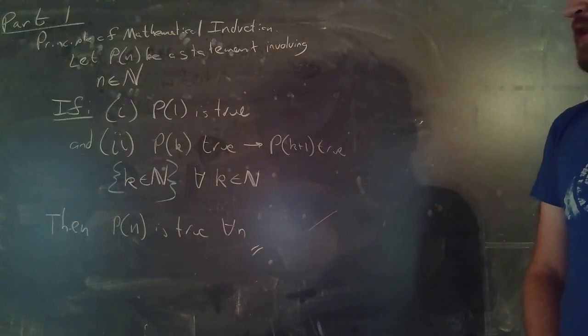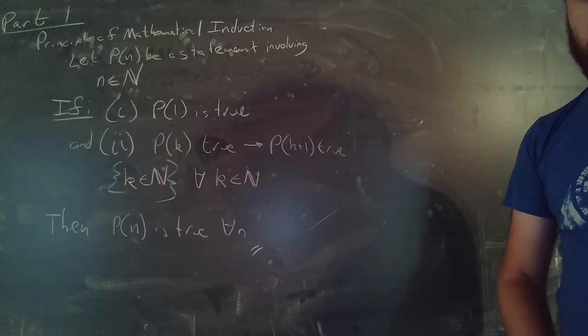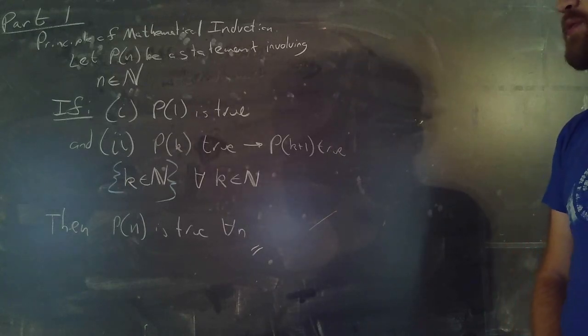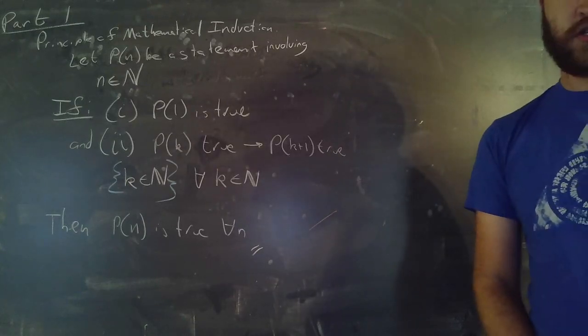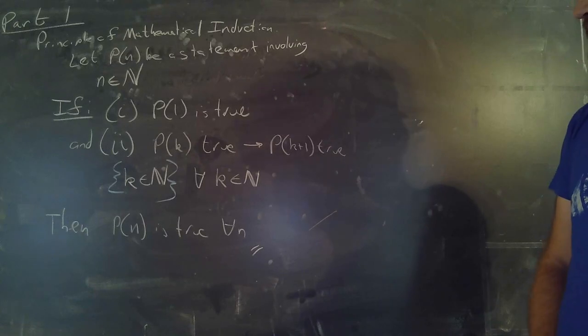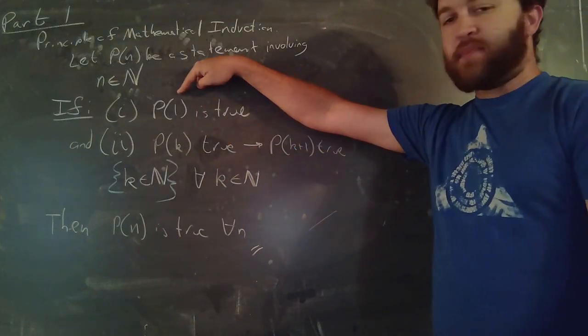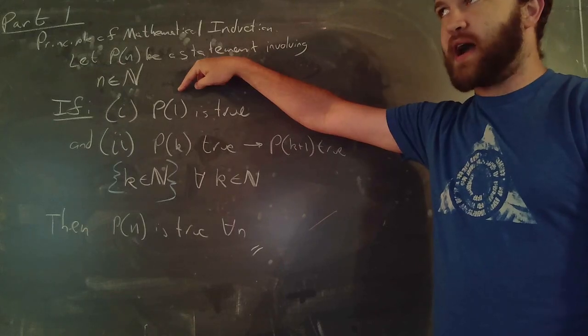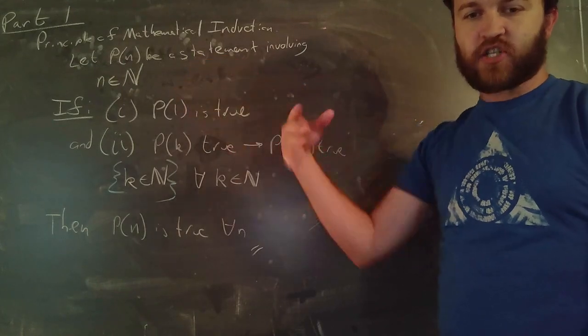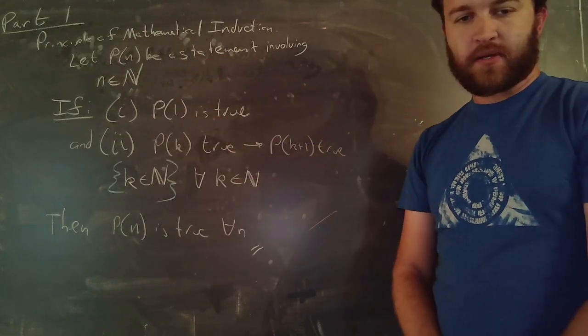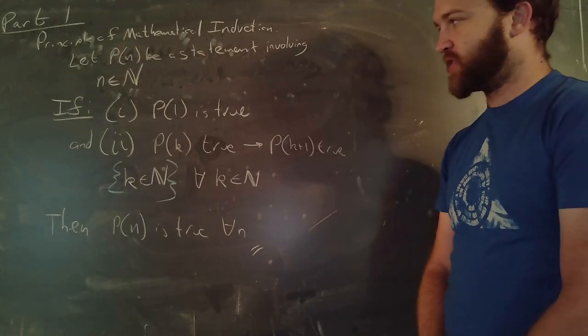So mathematical induction says that if two conditions are met, then we will be able to show that the statement is always true for any value of n that we want. The first condition says that if we can establish that P of 1, where we allow n to take the value of 1, is true, then we can build a basis for mathematical induction.